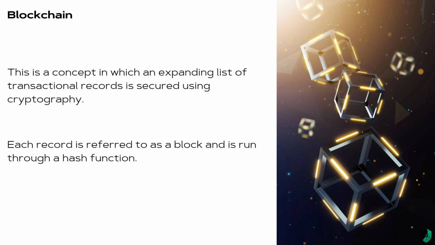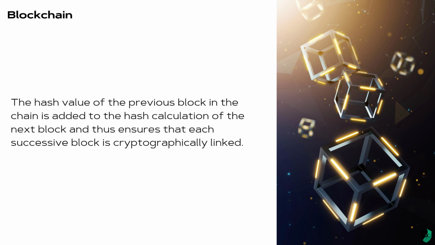The next kind of technology will be the blockchain, of course. This is the concept in which an expanding list of transactional records are secured by making use of cryptography, and each record is referred to as a block and it is run through a hash function. So the way this works is that the hash value of the previous block in that chain will be added to the hash calculation of the next block, thus ensuring that each successive block will be cryptographically linked.